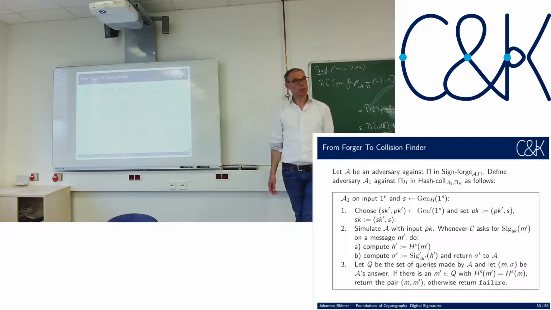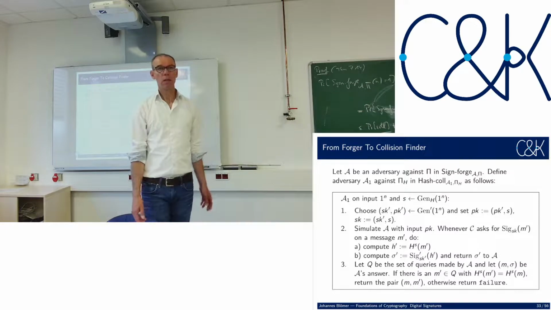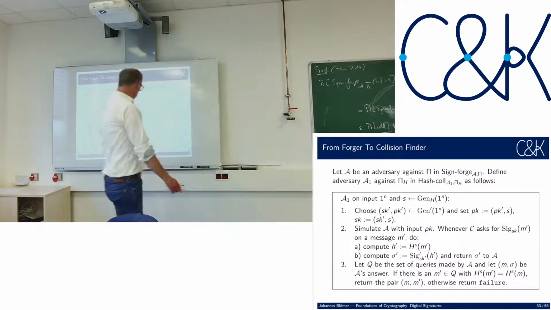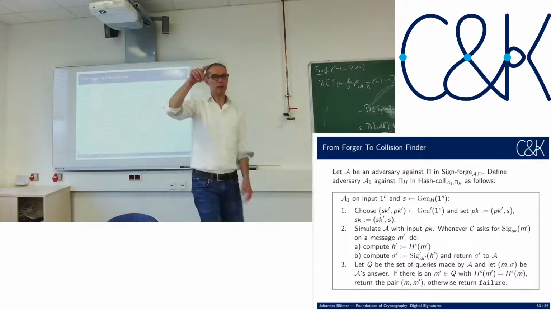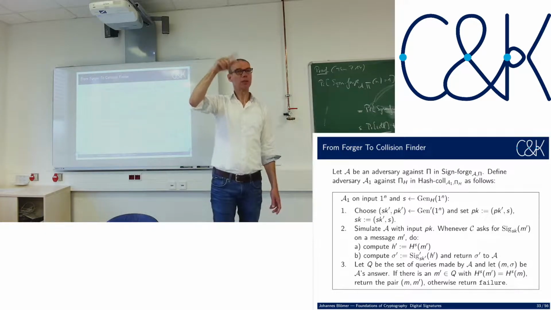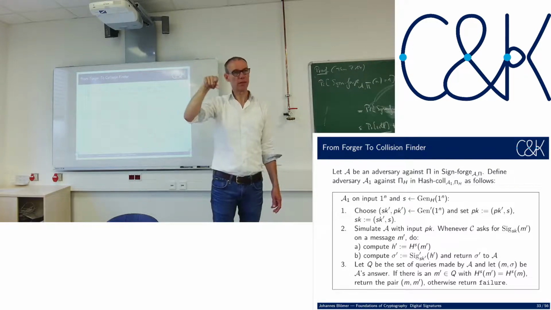Any questions here? Yeah. Maybe a stupid question, but we require that M is not contained in Q, right? Yeah. Okay. So collision means H S of M is equal to H S of M prime, and M is not in Q. Sorry, I didn't write that down correctly, I think.